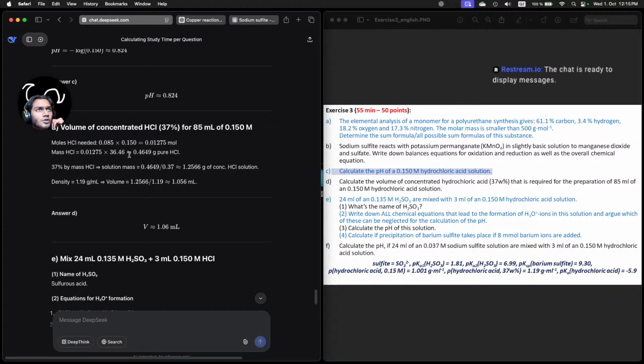So you first convert it to moles, then mass of HCl, that's pure HCl, in this concentrated solution, 37% of.